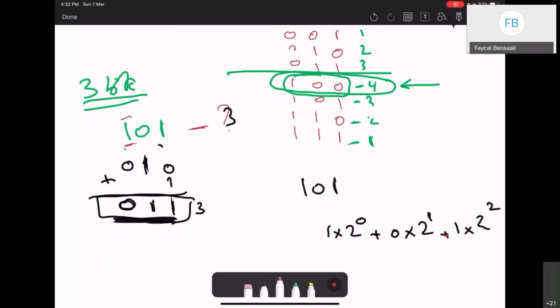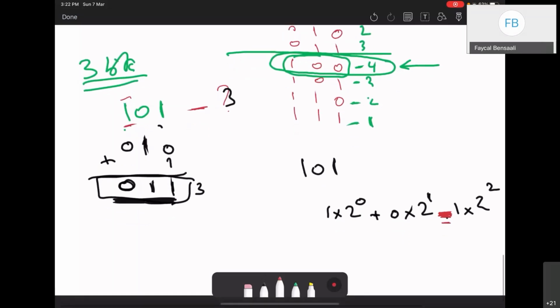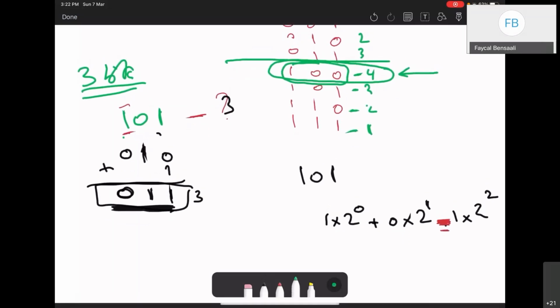Here I will just do minus 1 by 2 power 2. So instead of plus, I'll just do minus. And if you calculate this, what do you get? 1 by 2 power 0 is 1, plus 0, minus 2 power 2 is 4, so minus 4. 1 plus 0 minus 4 is equal to minus 3. So you can get minus 3 immediately from this.